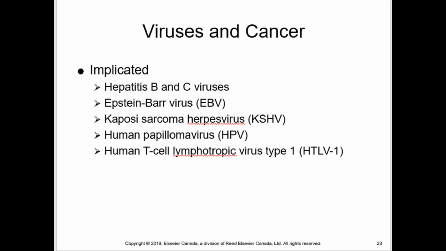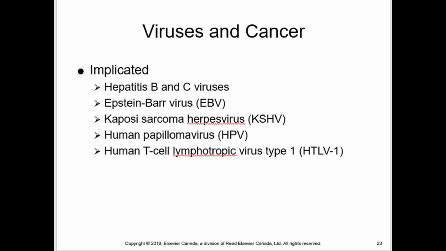Lastly, there are a number of viruses that have been implicated with the proliferation of malignancies. A list of viruses has been shown on the screen. I will focus specifically on the human papillomavirus, HPV.